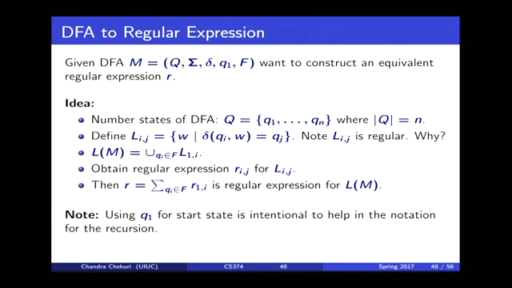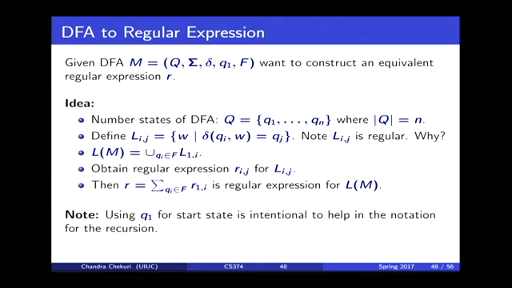It is the union over all the final states of L start state i. Okay, without loss of generality, let's make the start state Q1. What is the language accepted by the DFA? The set of all strings which take you from the start state to some final state.